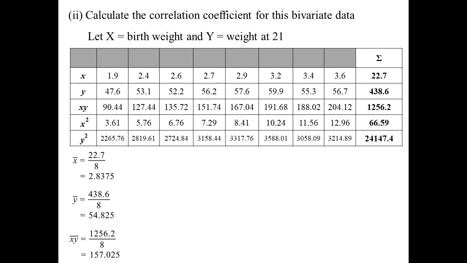So the next thing to do is to work out the deviation. We work out the variance first. So the variance would be the average of the X squared row, 66.59 divided by 8, minus the average squared. And notice I've used the exact value there of 22.7 over 8 rather than our approximation. So we end up with 0.5219.